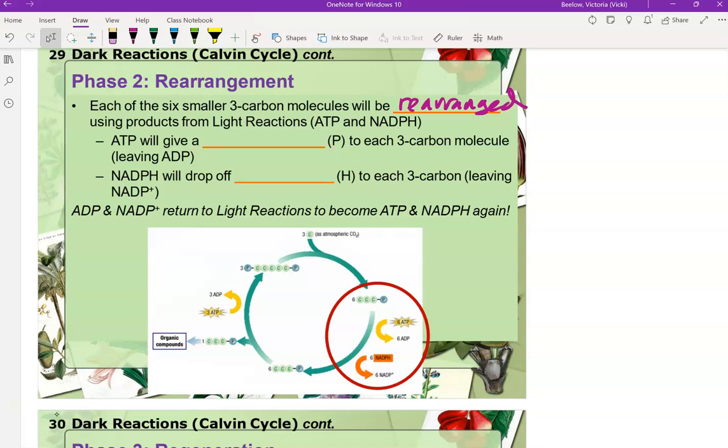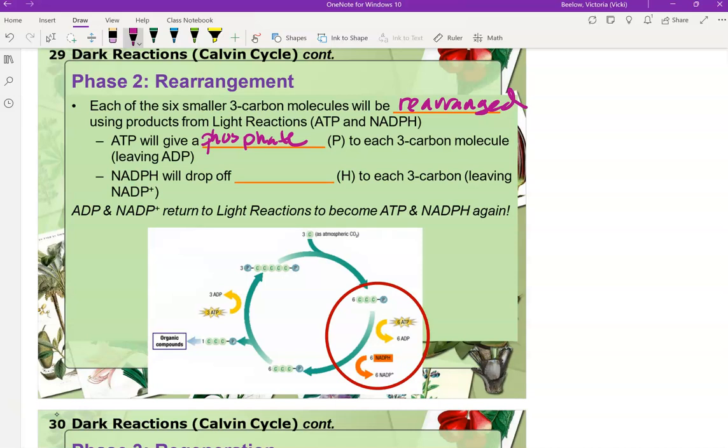It's a chemical reaction. So ATP is going to give a phosphate. So instead of really being used for energy in this case, it's really just being used as part of a chemical reaction. And that becomes ADP.